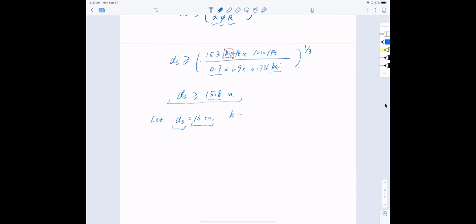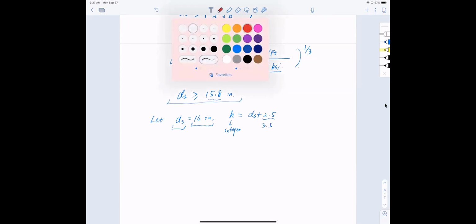I have h, which is section height. I always want an integer for section height. Why? Because of standard formwork, right? Formworks are usually integers. It is very hard to have half-inch formworks. So if I think about it, ds and height relations usually differ by 2.5 or 3.5. You see, there's a 0.5 number here.